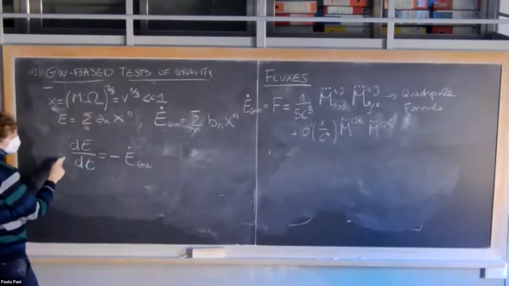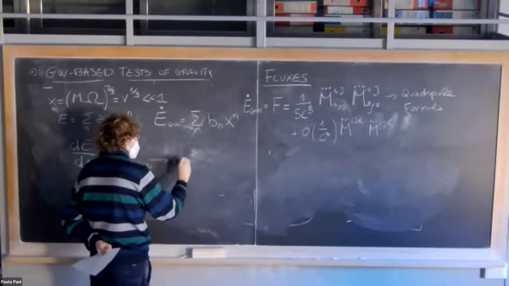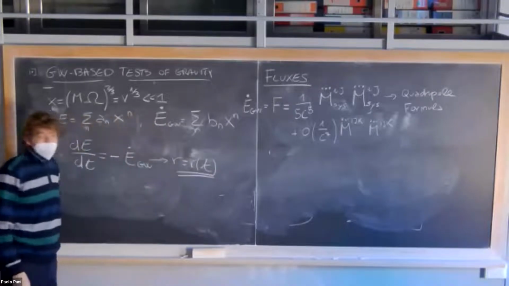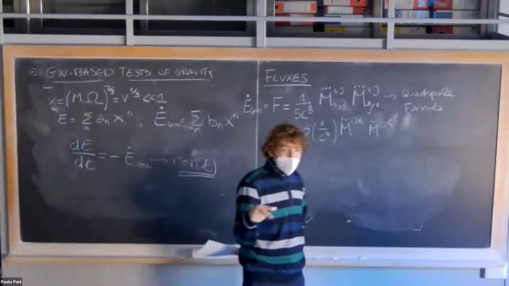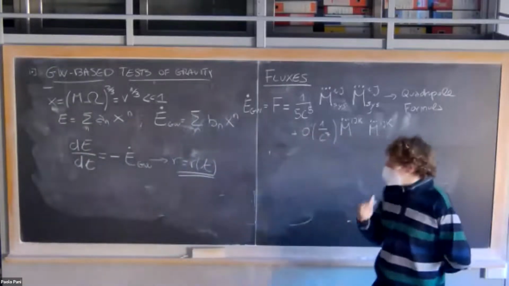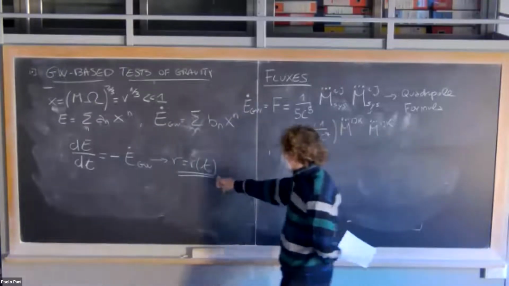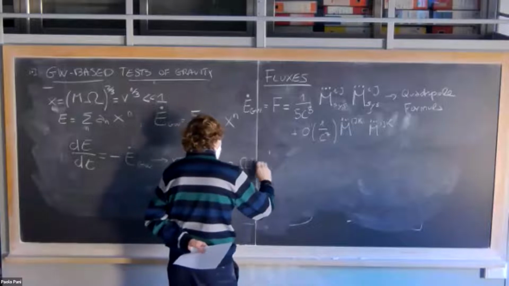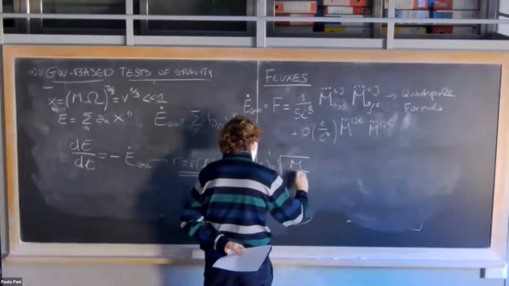And if I take this equation, this is essentially an equation of motion that I can solve for the orbital distance, for example. So it tells me how the orbital distance changes in time due to the emission of gravitational waves.